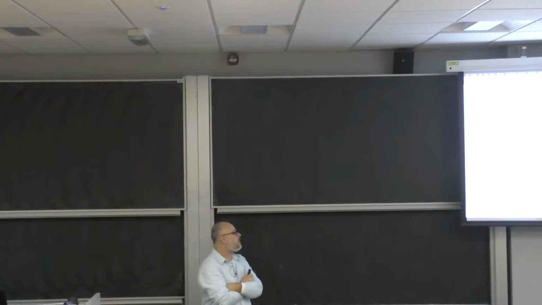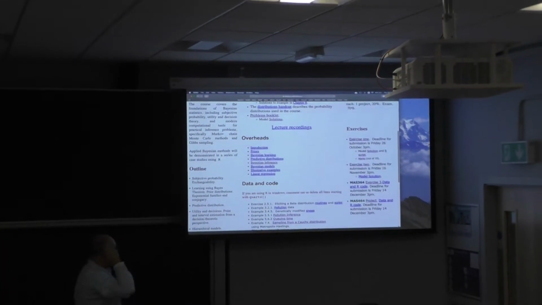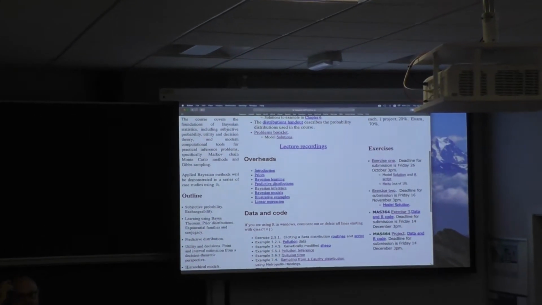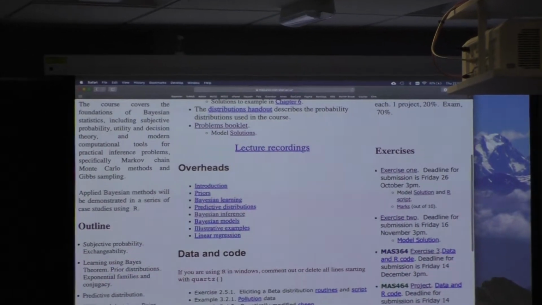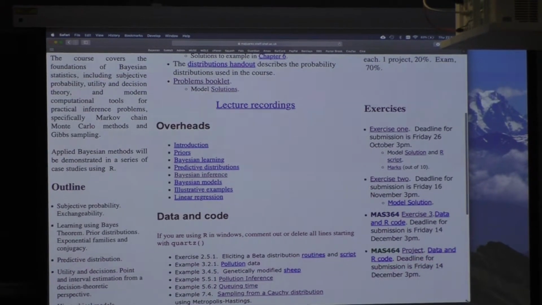We're actually beginning to talk about MCMC and the examples that we will discuss today. Just to draw your attention to that part there, the exercises and the project are out, and I think they've been out for a little while now. Deadline for submission is the 14th.